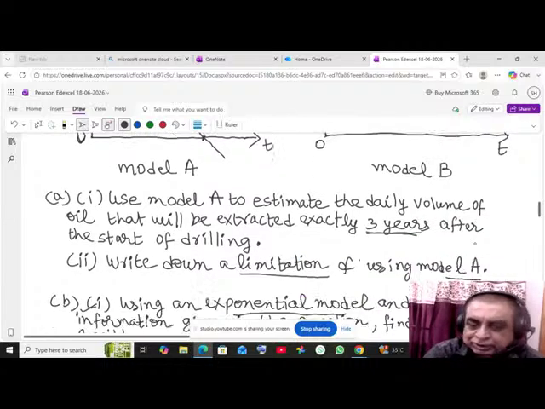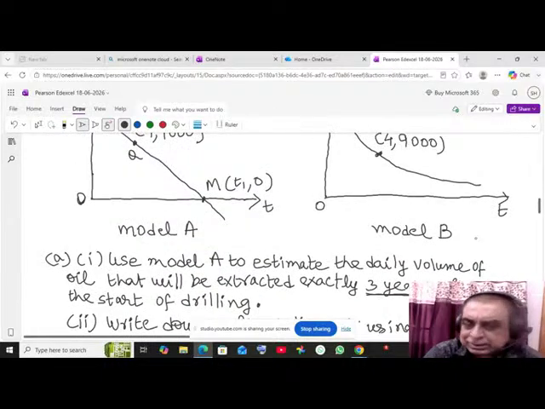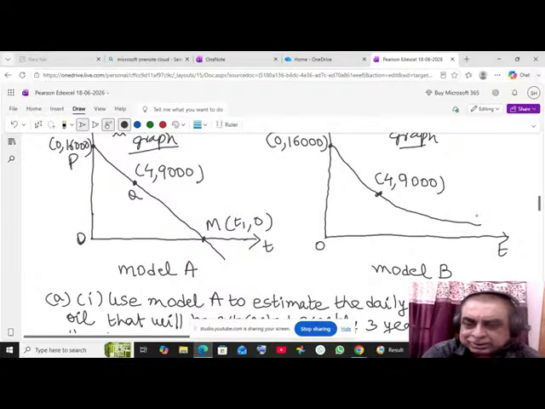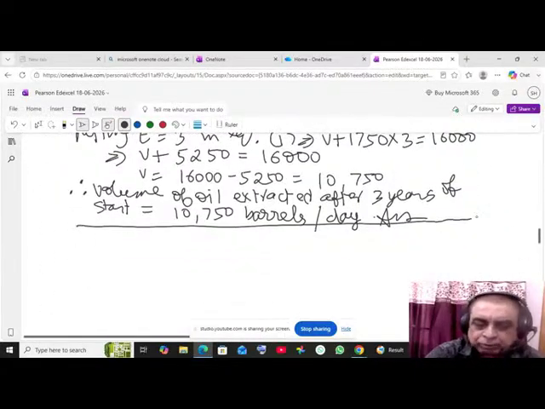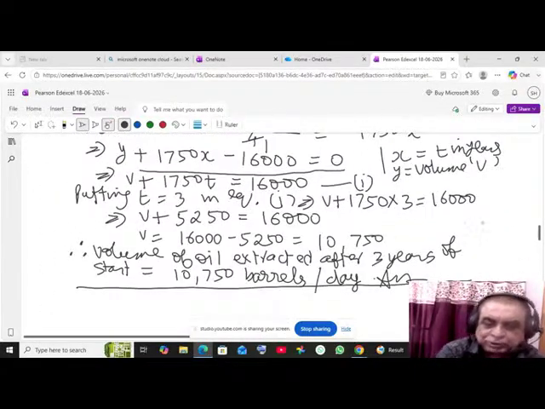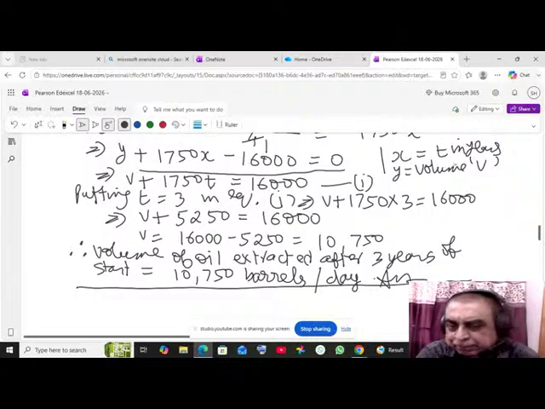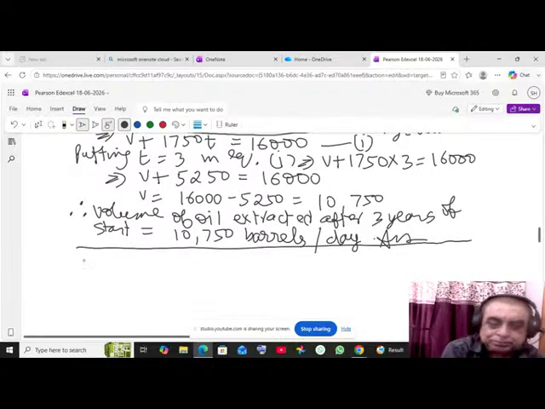Now see here, after how many years, according to this equation, the V is becoming zero, the volume of the oil drilled per day is becoming zero. Let us find out that. Now in this equation, equation number one, put the value of V as zero and find out after how many years no oil will be drilled out.